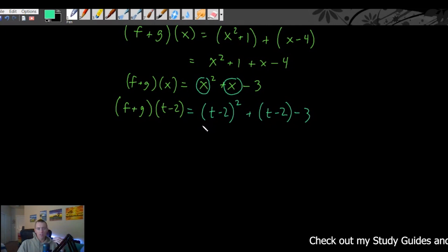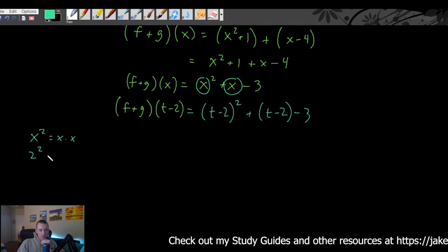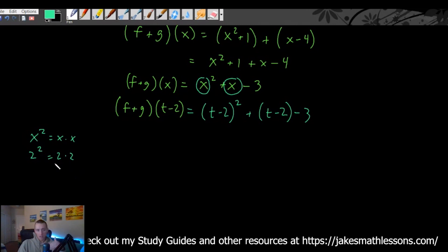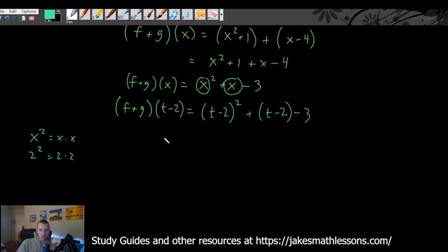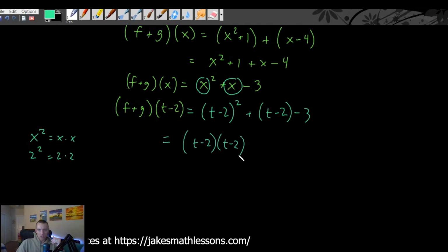Anything squared is the same as that thing times itself, right? x squared is the same as x times x. 2 squared is the same as 2 times 2. Anything squared is itself times itself. So t minus 2 squared needs to be rewritten as t minus 2 times t minus 2, with each t minus 2 in parentheses like this.